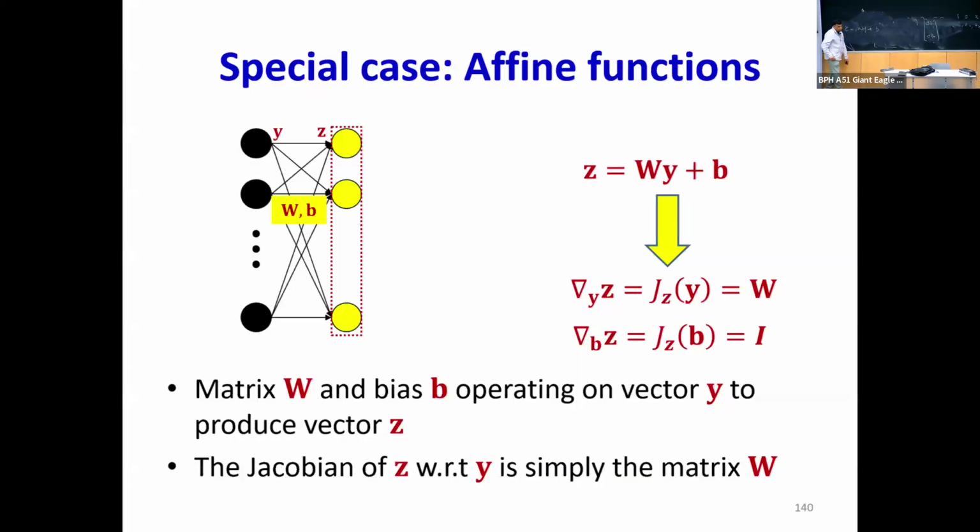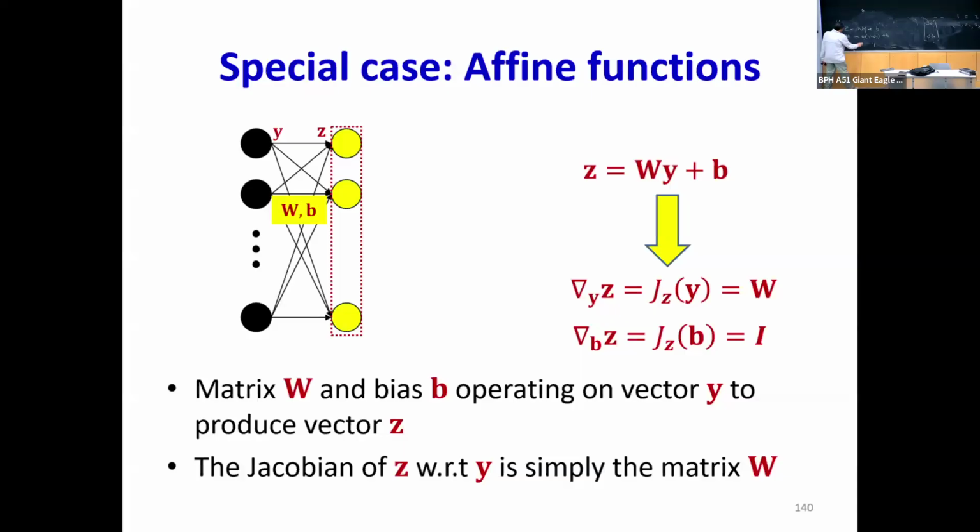And so now, if I want to compute the derivative of z with respect to y, what am I saying? I'm asking what I have to multiply a small increment of y by to get the corresponding increment in z. So let's say I increment y by delta y. Then w(y plus delta y) plus b results in a small increment delta z.